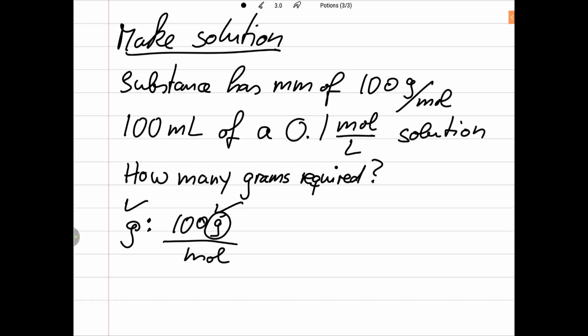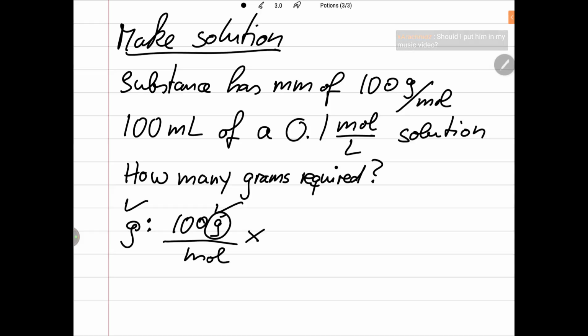Now, grams are good, but I have these pesky moles down in the denominator. Do we have anything with moles? Yeah, 0.1 mole per liter. So I just multiply it.